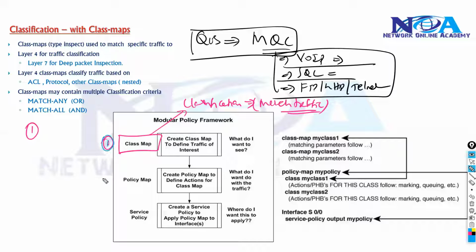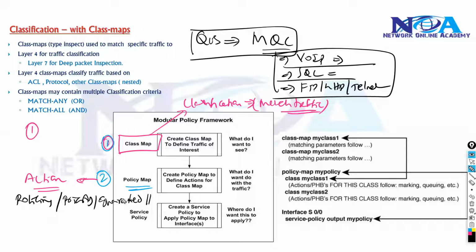Now once we do this classification, the next step will be, we will be using a policy map. That's the next step. Now in the policy map, we are going to tell what action you want to take, what exactly you want to do. Whether you want to do policing, where policing is like restricting the bandwidth, or whether you want to give priority for specific traffic, or whether you want to give any guaranteed bandwidth reservation for specific traffic, or whether you want to implement some kind of queuing mechanisms, or whether you want to do some kind of shaping.